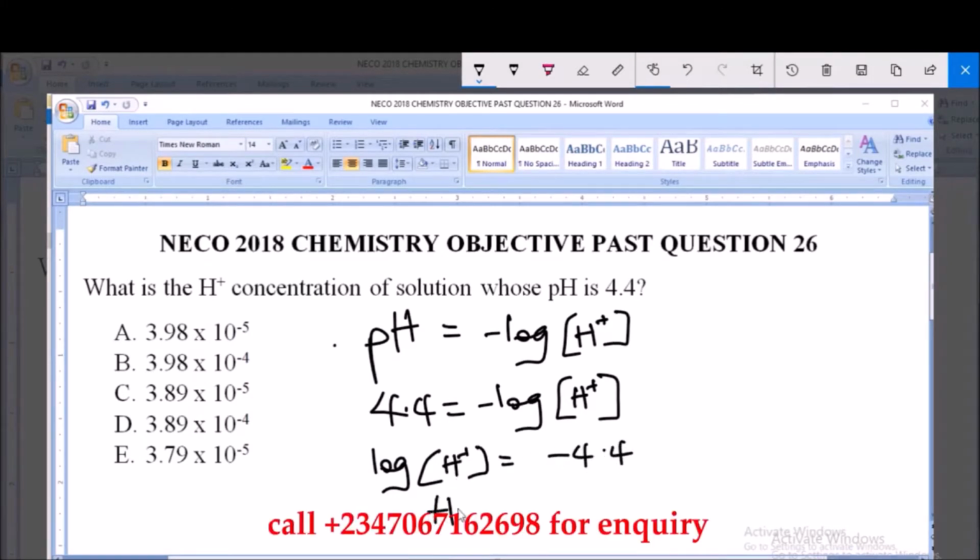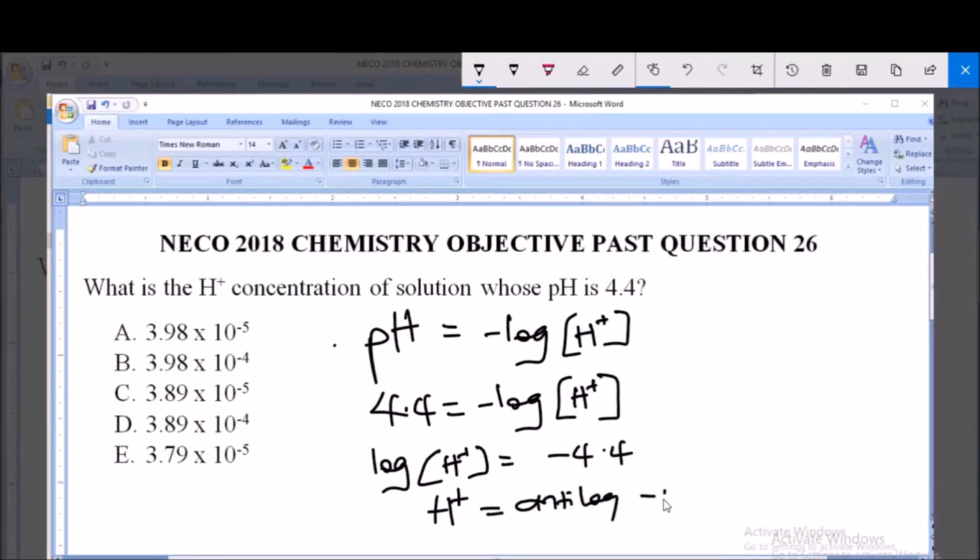To get the hydrogen ion concentration, we say it is equal to the antilog of minus 4.4, and this is equal to 3.98 times 10 raised to the power minus 5, and this is option A. So option A is the hydrogen ion concentration of the solution with pH 4.4.